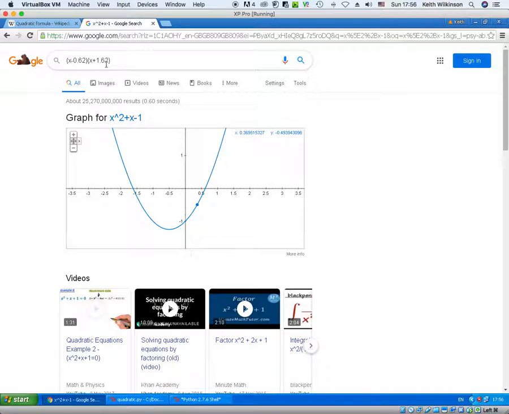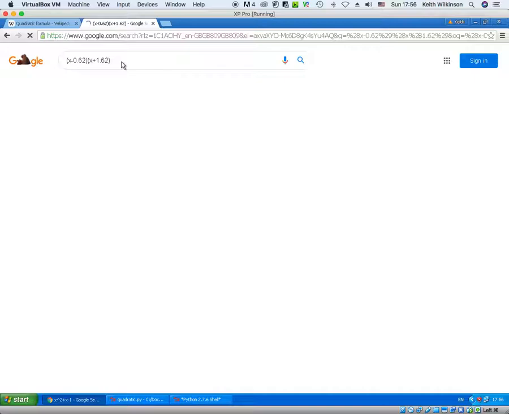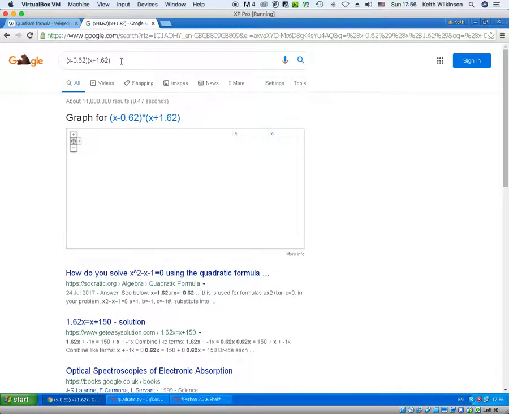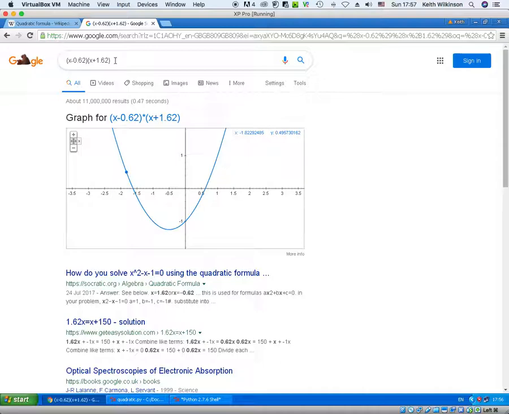And I'm hoping that we get exactly the same graph that we've got here, but from a factorized version. And pretty much. So there is a direct link between the equation that we did.